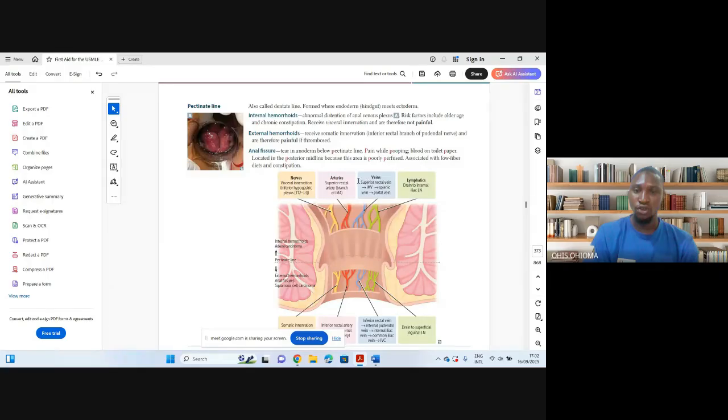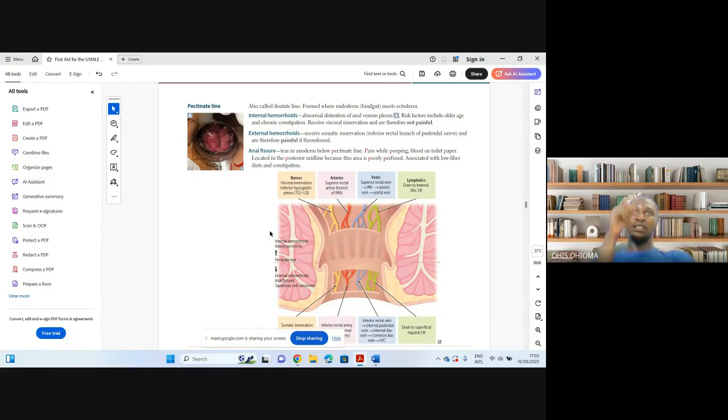Now, you need to know that the blood supply to this part of the anus above the dentate line is by the superior rectal artery, which is the last branch of the inferior mesenteric artery. What does that tell you?